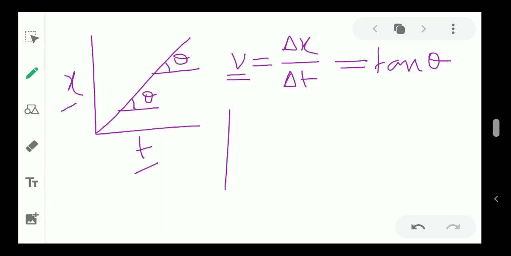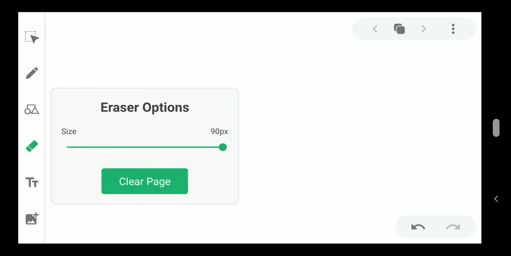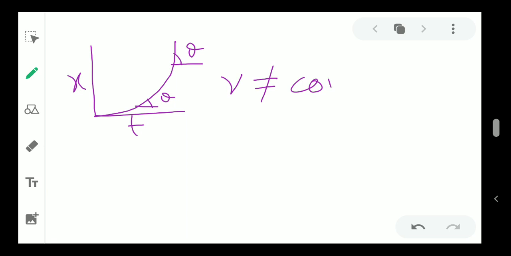If somewhere the graph is blunt and somewhere it is steeper, we can say that in this one v2 is much larger than v1. We also have seen that if we have an x versus t graph which is not linear, that means theta is changing everywhere, and as theta is changing, v is not constant, v is also changing, right?